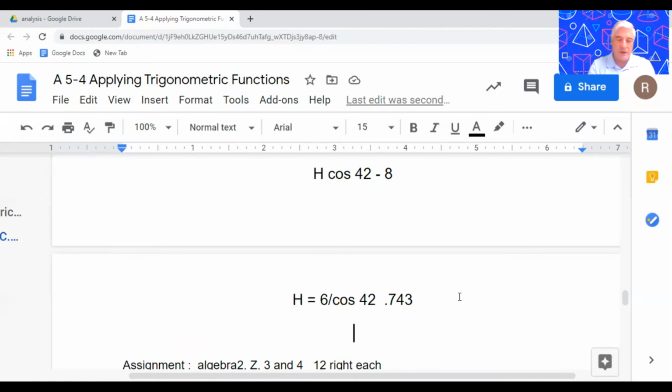Got to get in the calculator right. 8 divided by 0.743 equals 8.7. We'll just round it up. That'll be 8.7. It's got more numbers, but we're going to stop with sides of a triangle at 1 decimal point. It has many more numbers, but we're going to round it. 8.7.